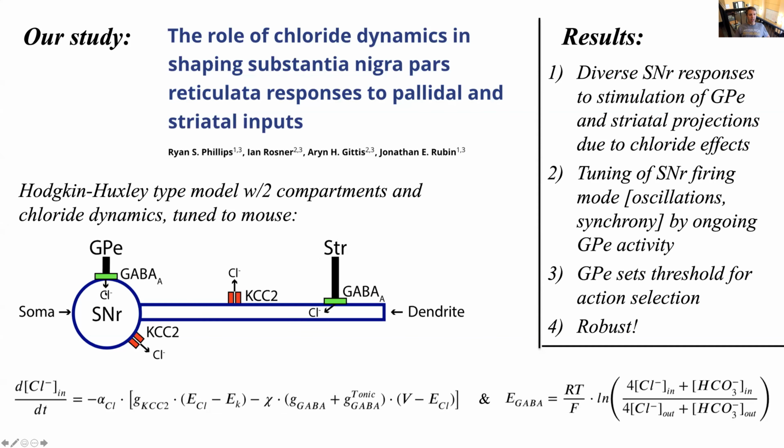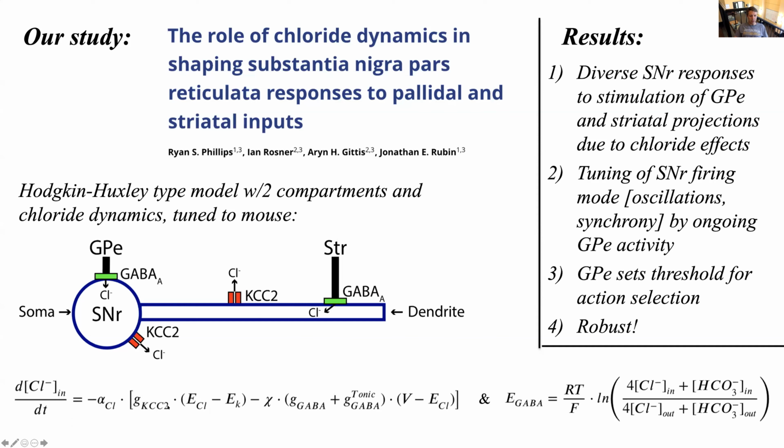We have chloride influx through the synaptic channels, these GABAergic channels. And we also have the KCC2 pump, which regulates potassium and chloride coming in and out of the cell. So the pump is trying to keep pushing the chloride back out to maintain the balance inside the cell. So you can see here our chloride differential equation, the intracellular chloride concentration.